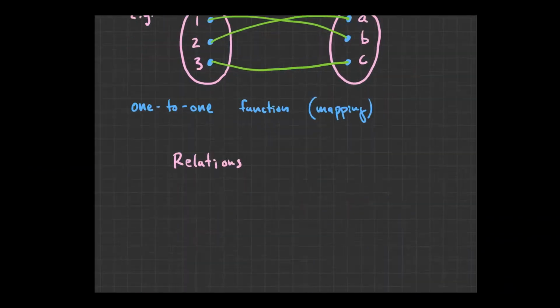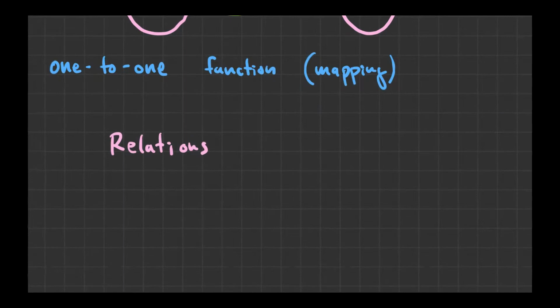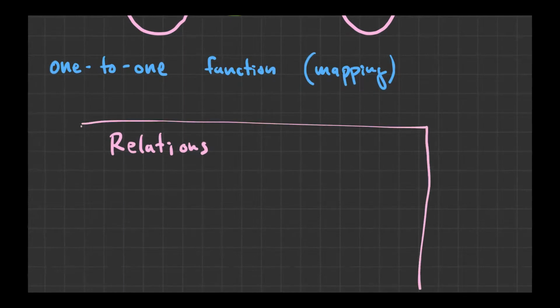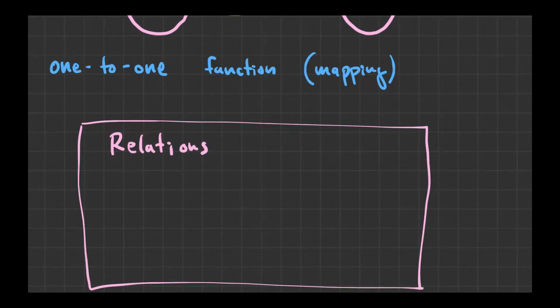Okay, so just sort of putting it all together, we have this thing called relations. Relations just refer to anything where you have two numbers related to one another. After that, we have functions. So functions are a special type of relation.